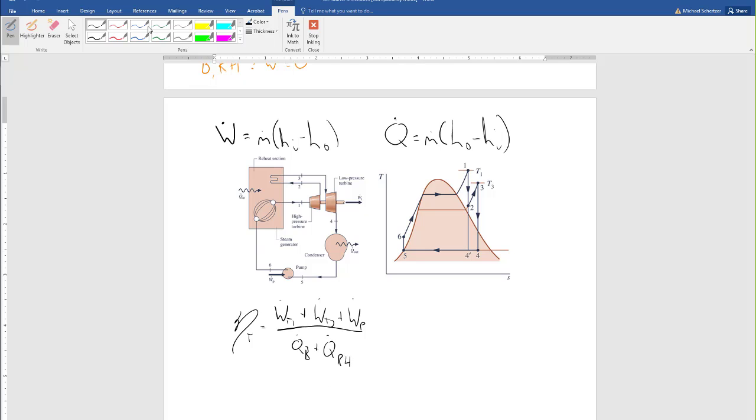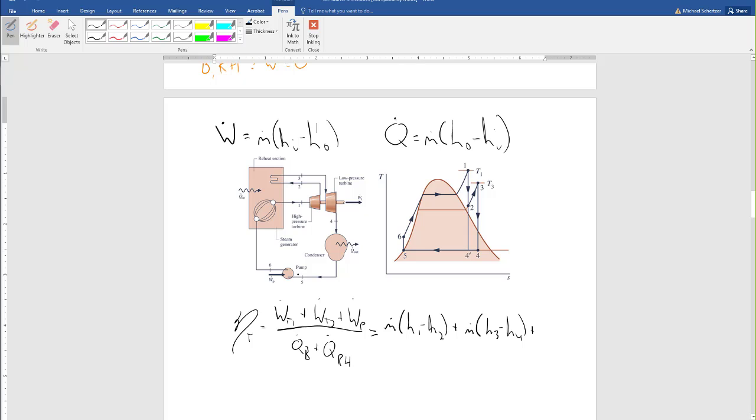Now my first turbine, T1, is up here. It's going to be m dot times h in minus h out. So this is going to be m dot times h in is state 1, so this is h1 minus h2. My second term for the second turbine is going to be m dot times the inlet to the second turbine, state 3, h3 minus h4.